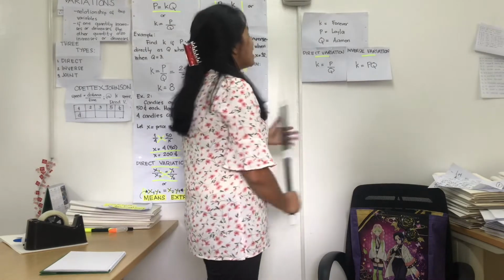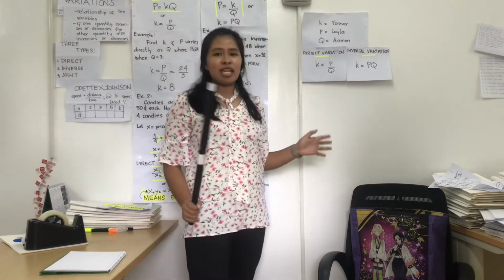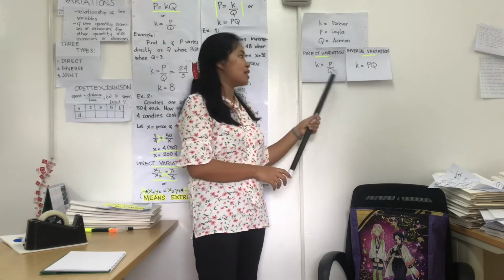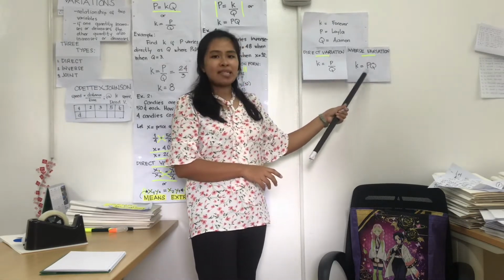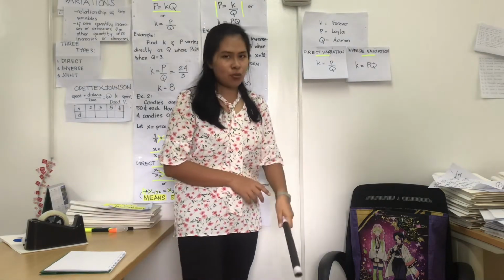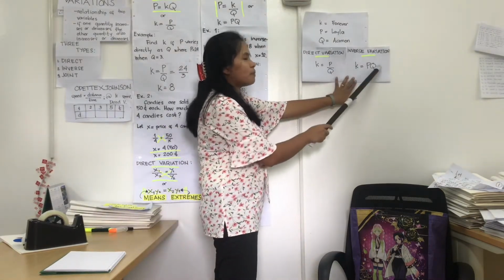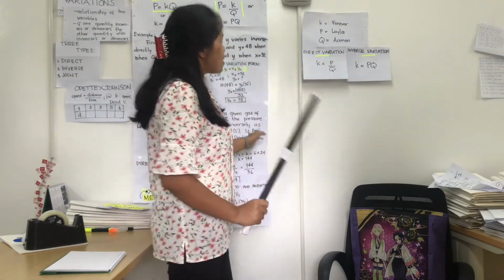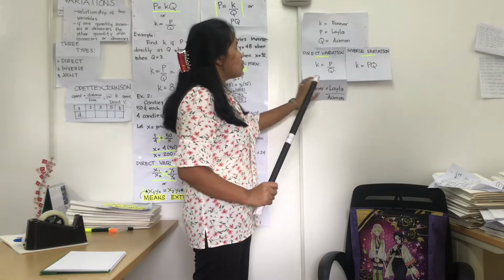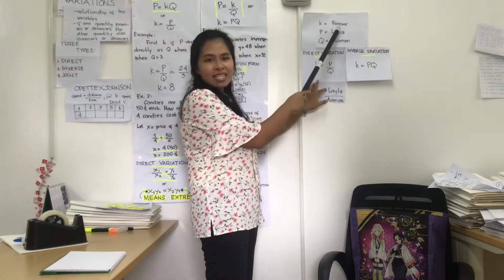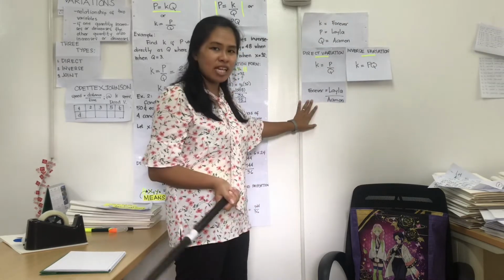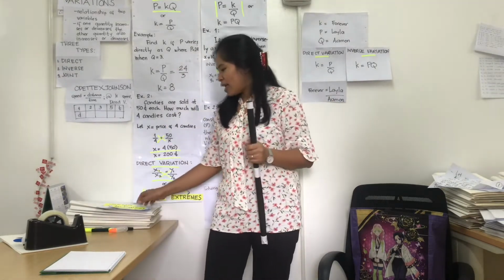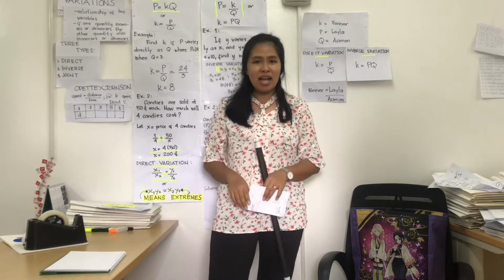Yes, Amon. So this is direct variation form, right? K is equal to P over Q. They are divided. Inverse variation form is K is equal to P multiplied by Q. They are multiplied. They are together. So if we change these values to these values, we have in direct variation forever is equal to Layla divided by Amon. May forever ba?